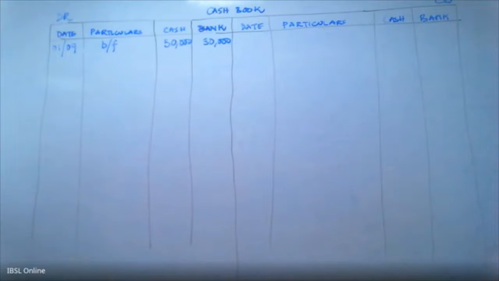So let's look at the first transaction. On 1st of September, a check of rupees 10,000 paid to JD Limited. Now, how will you record this transaction? Tell me. A check of rupees 10,000 paid to JD Limited.